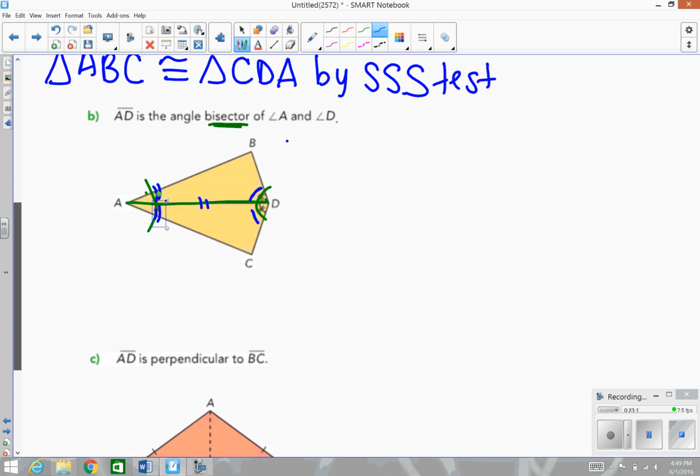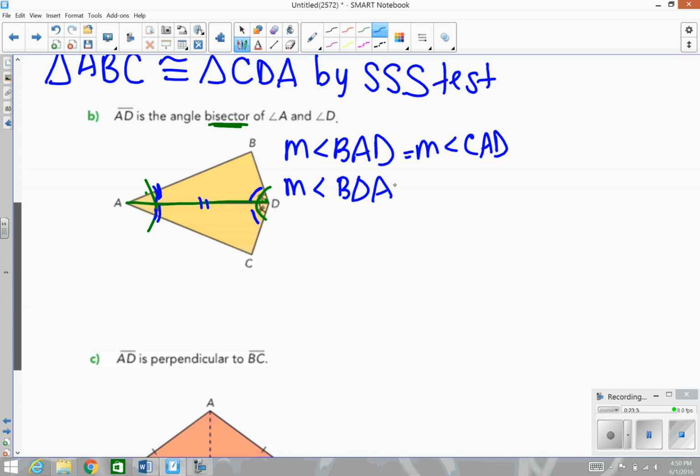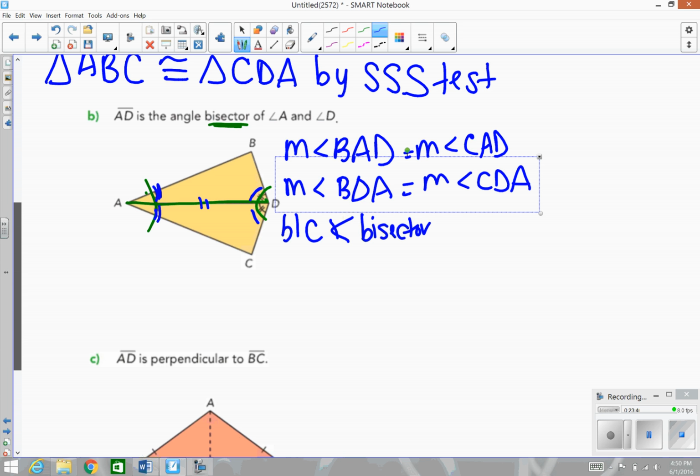So we have the measure of angle BAD, that's this one here, equals the measure of angle CAD. And the measure of angle BDA equals the measure of angle CDA. And this is because an angle bisector divides an angle equally.